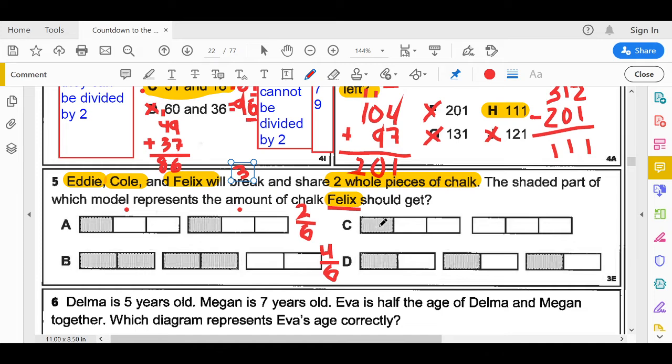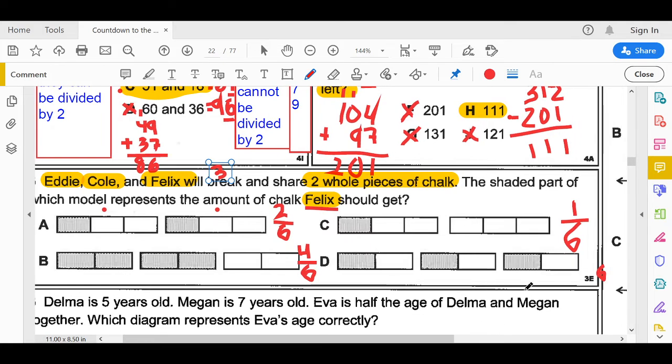On letter C, again we see that there are 6 parts, and only one of them is shaded. On letter D, we also have 6 parts. 1, 2, 3, 4, 5, 6. Well, sorry, let me just move my screen right here a little bit. 6 parts, and 1, 2, and 3 are shaded.